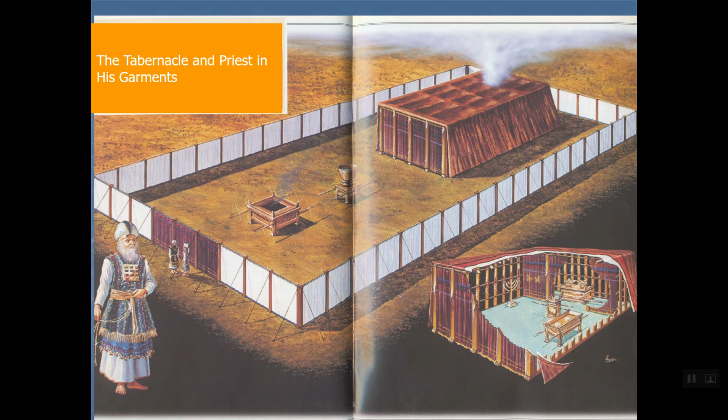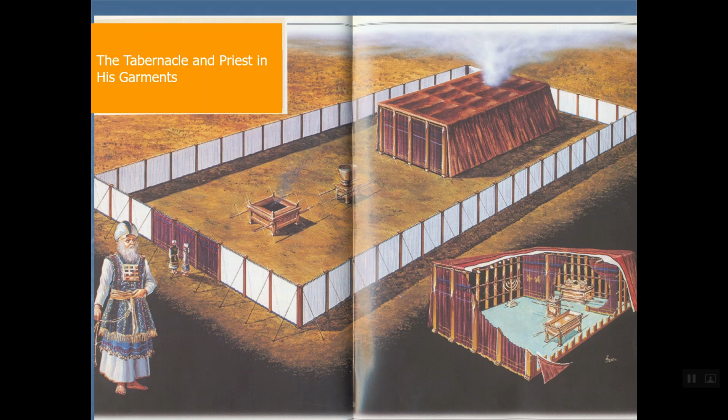I forgot about this part. This is the tabernacle. This is kind of a picture based on the description of the tabernacle. You can see the priest there, the 12 stones that are part of his vestment on the front with the 12 tribes of Israel. The furniture of the tabernacle included the table of showbread and altar of incense and the 7-branched candelabra.